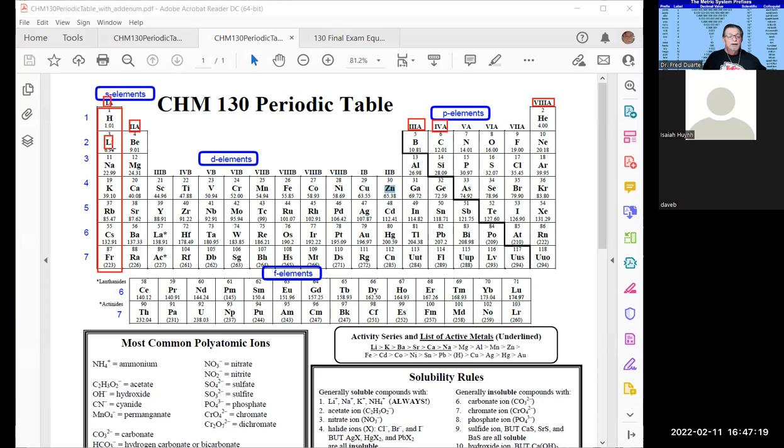Lithium's number 3. Sodium has 11 electrons. Yes, they differ in the total number of electrons. But of those 3 electrons for lithium, one of them is in the outermost shell, which is the valence shell. And that outermost shell happens to be in the second energy level.